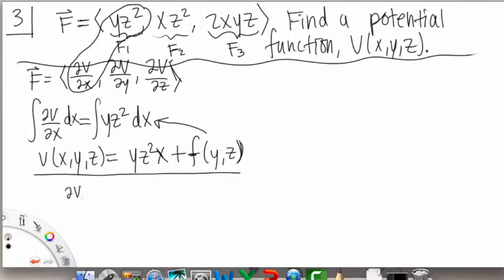So let's check some other ones. Let's do partial v, partial y now. This is our second component, so we're matching those up. This should equal x times z squared.